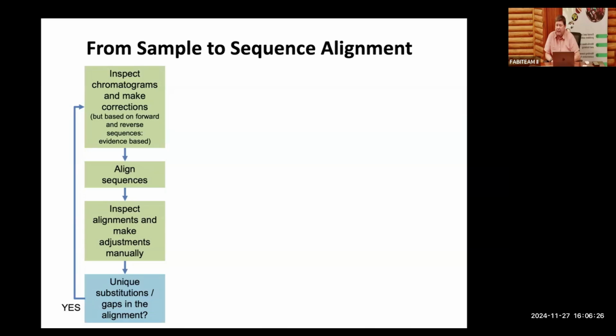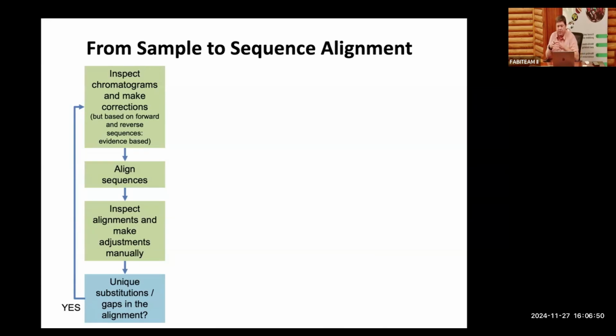And I would want to remind you that the FASTA file is actually not something you can really use. It's generated from your chromatogram. You can look at it, but you can't change the sequence. You can't inspect the quality of your base calls. There's very little you can do with it in terms of correcting your sequences.